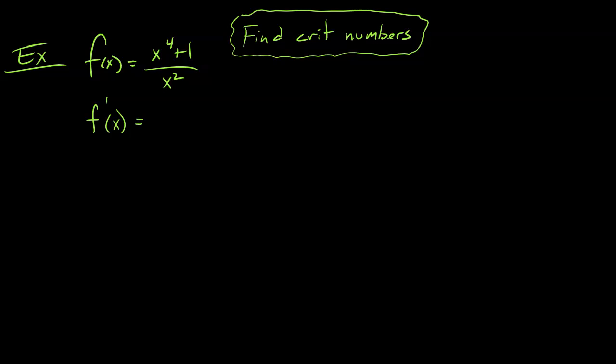We'll just leave it as quotient rule, just to practice it, but you could rewrite it as a product. So quotient rule is g f prime minus f g prime, all over g squared.